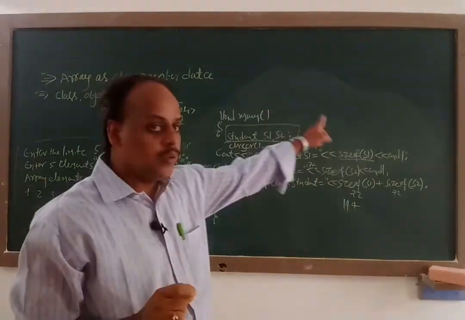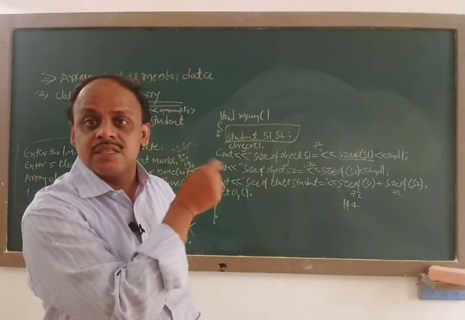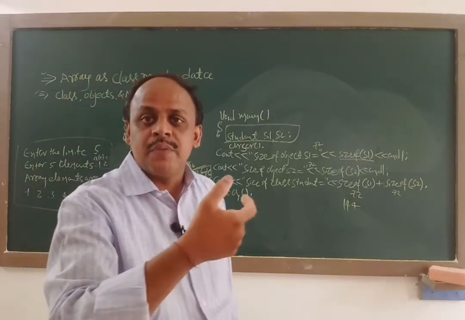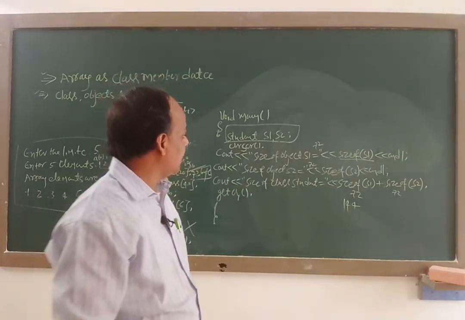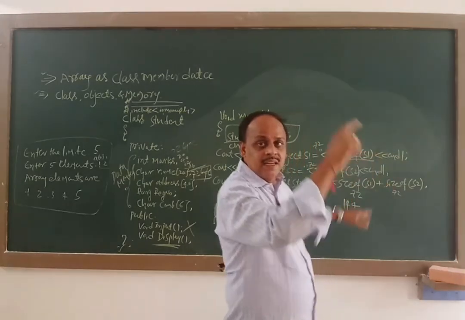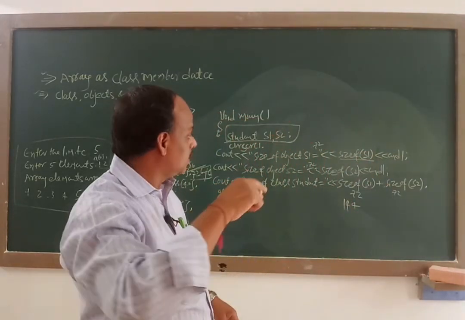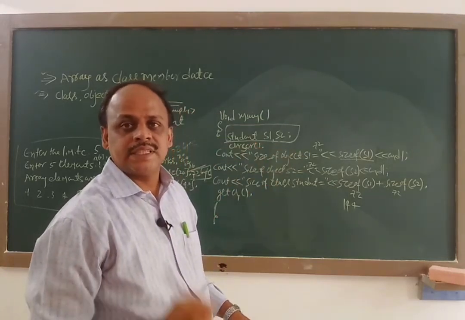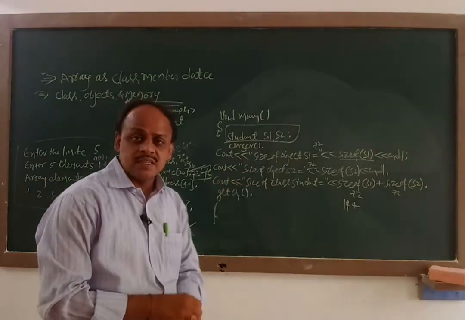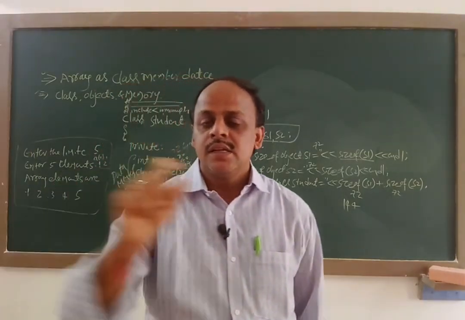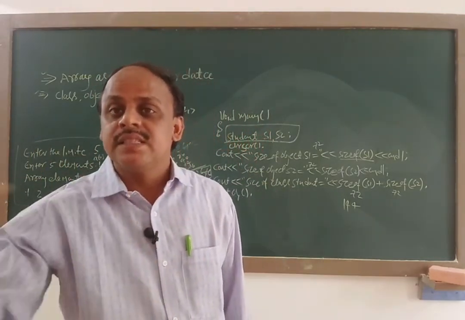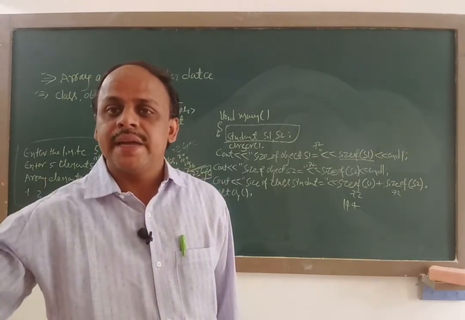Actually, we have to include one word, byte, in each cout statement, because memory is measured in bytes. So write size of object S1 is equal to, then size of S1, then in double quotation marks byte, followed by endl. Just include the word byte in each cout statement, then you get the final result: size of object S1 is equal to 72 bytes, size of object S2 is equal to 72 bytes, size of class student is equal to 144 bytes.